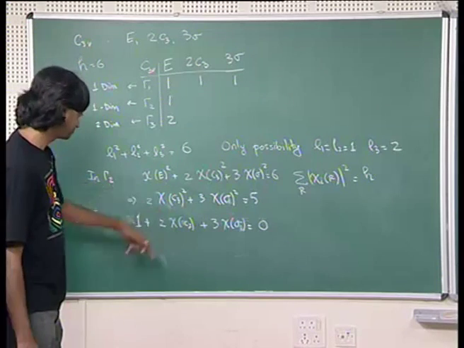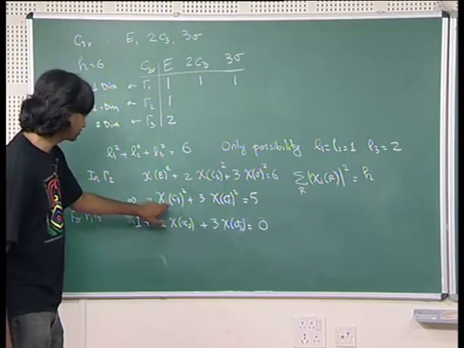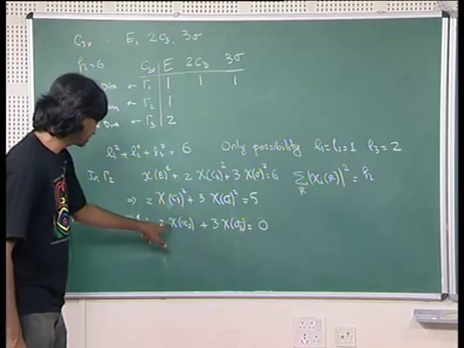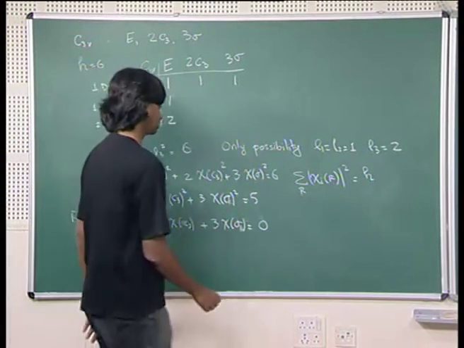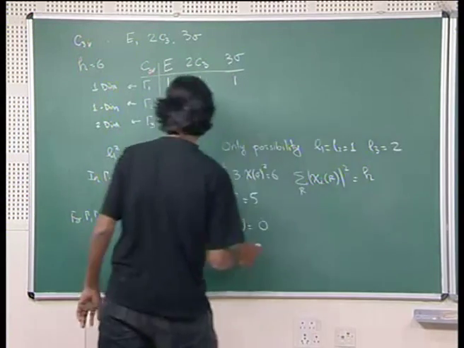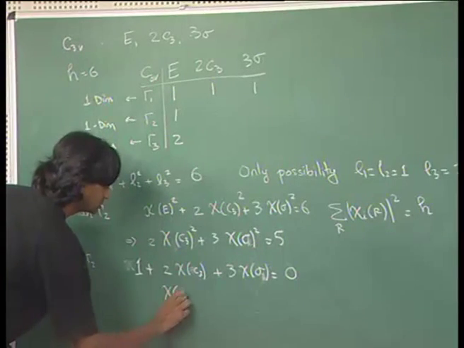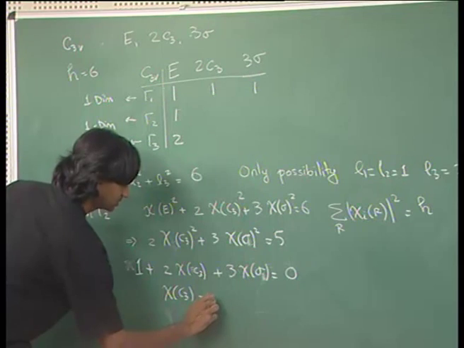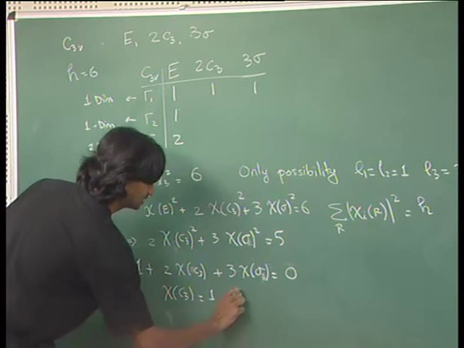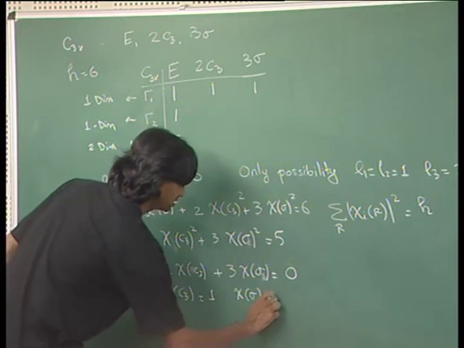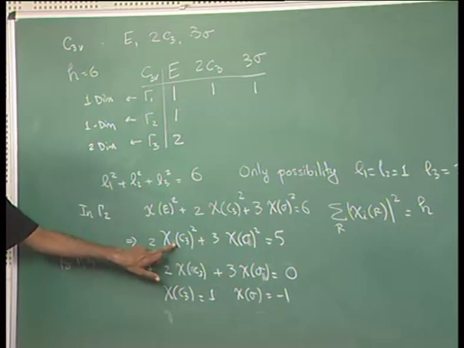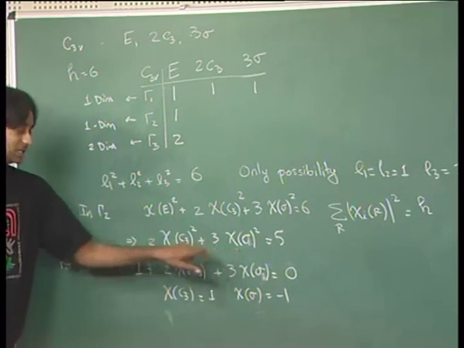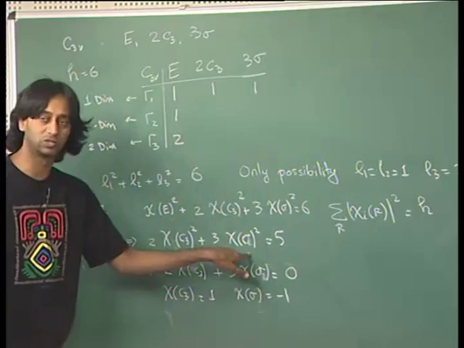You can immediately see that there are two ways of satisfying both these relations. So, you can have chi C 3 equal to 1, chi sigma equal to minus 1. This satisfies both these relations, because this square is equal to 1, this square is equal to 1.